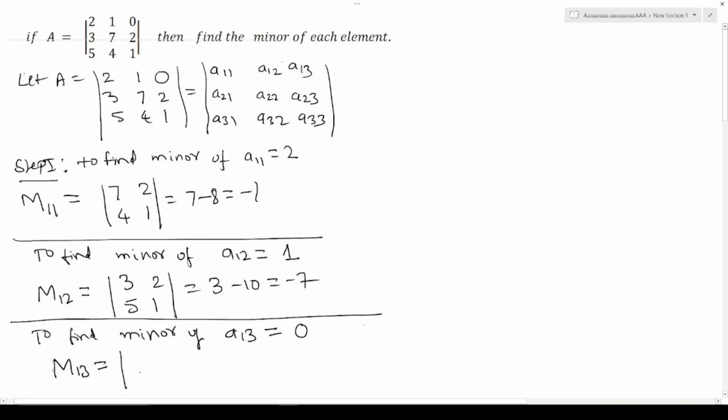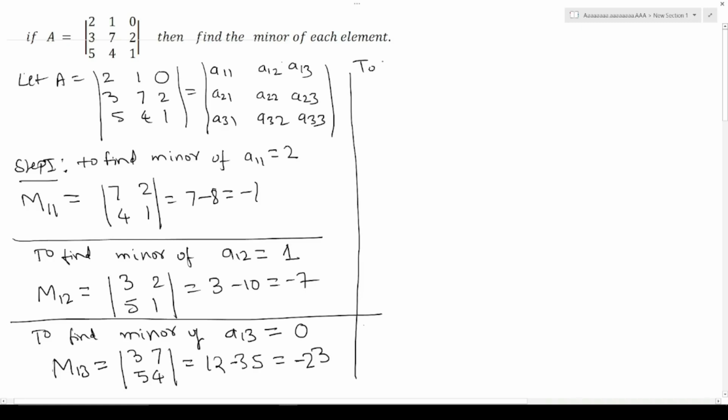So we go for the determinant of 3, 7, 5, 4, which equals 12 minus 35, which equals minus 23. So the minor of A13 equals minus 23.